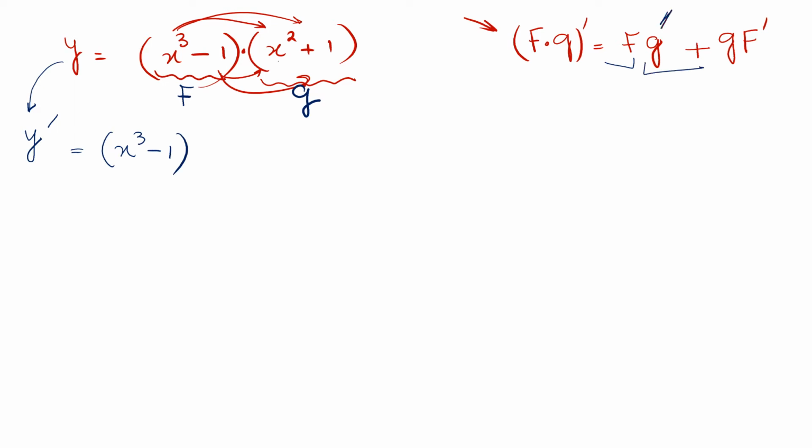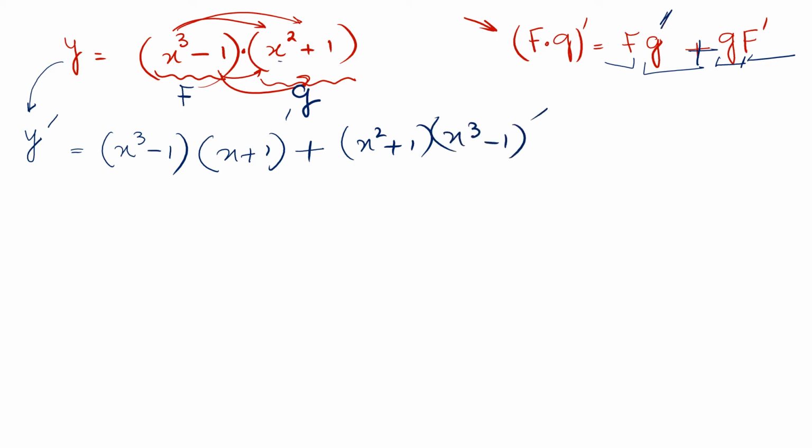So g is your x squared plus 1, and put a prime on the top. Then there is a positive sign in the formula. You write it, and then it is written as g. g means you have x squared plus 1. And f prime is x cube minus 1 with whole prime.